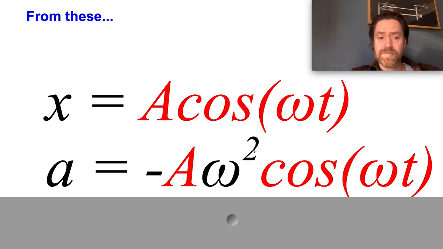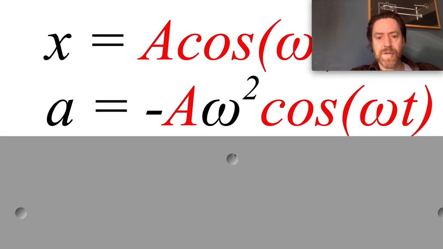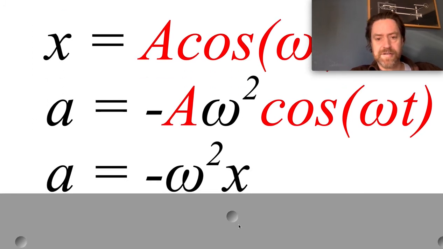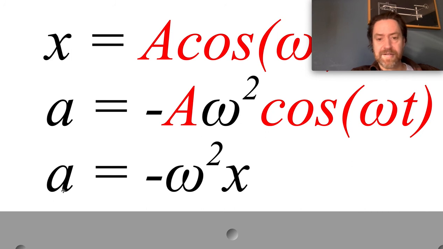It means that we can write the acceleration in a much simpler way. We can write that the acceleration is minus omega squared multiplied by its displacement or its position x. And this is the one that you'll probably need to be most familiar with. It comes up quite a lot.